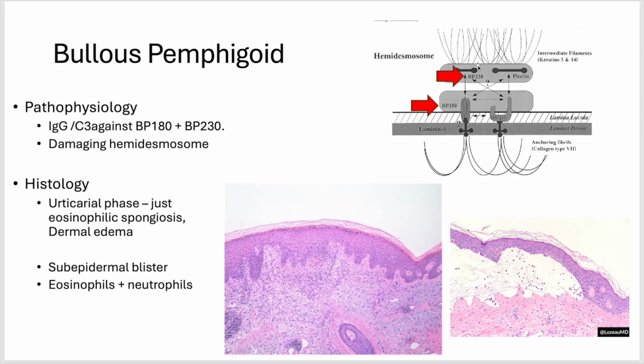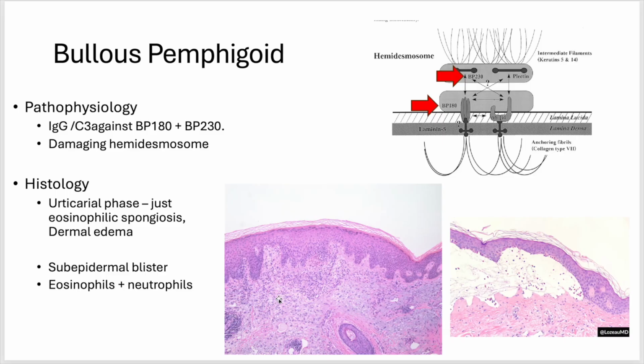Like many other things in pathology or dermatology, BP230 has another name, BPAG1, while BP180 has another name, BPAG2. But for now, you can just remember 230 and 180. This leads to detachment of the epidermis from the basement membrane, causing a subepidermal blister.